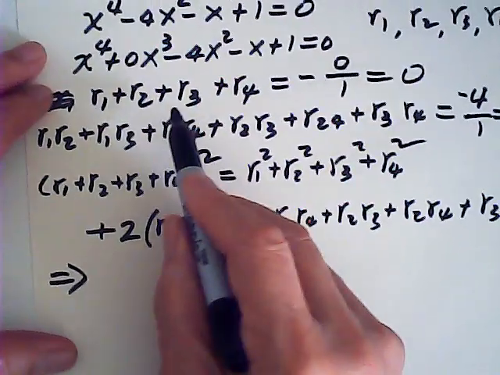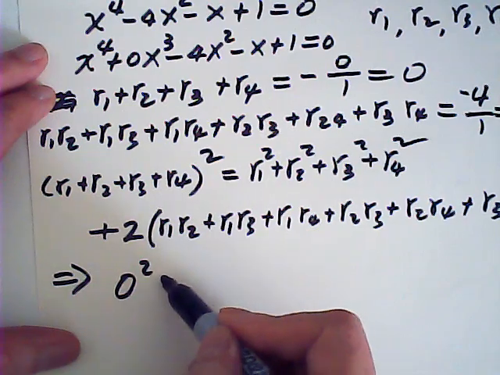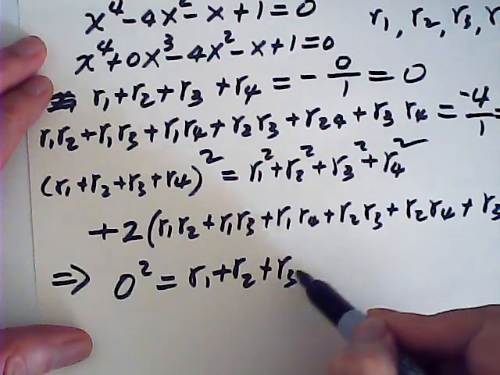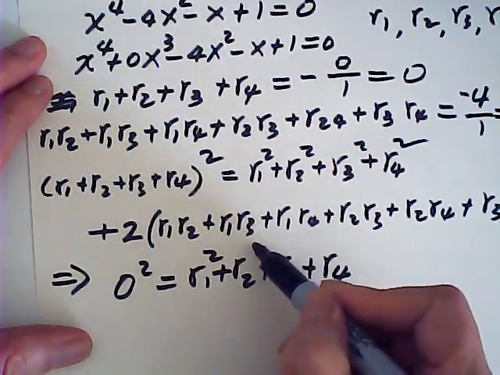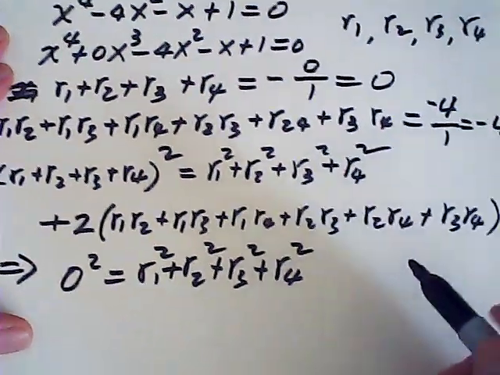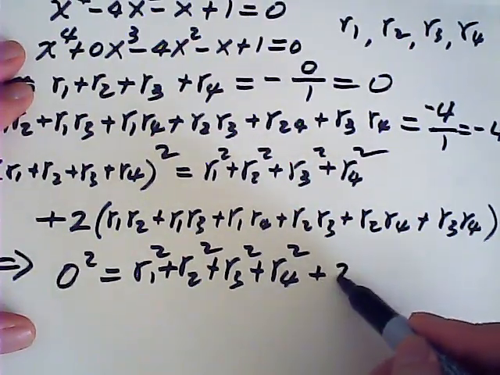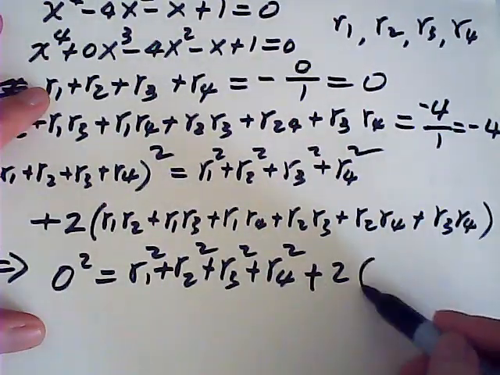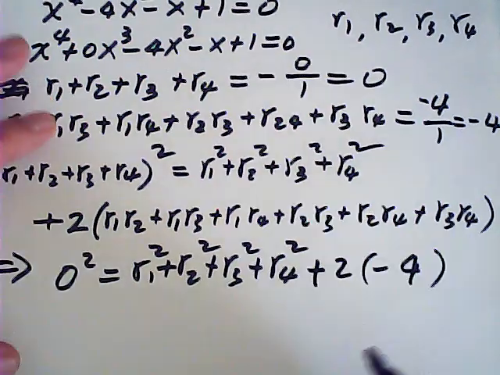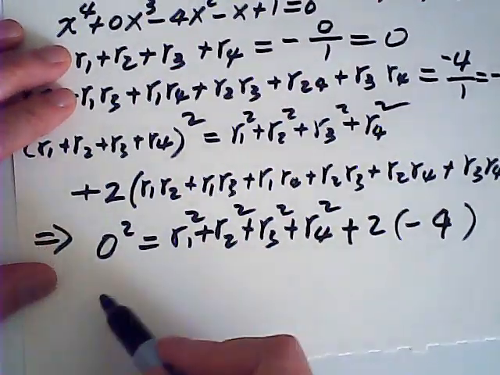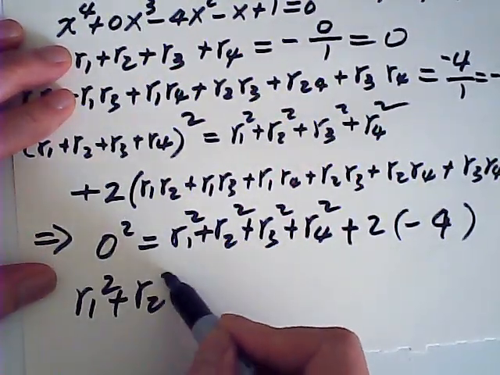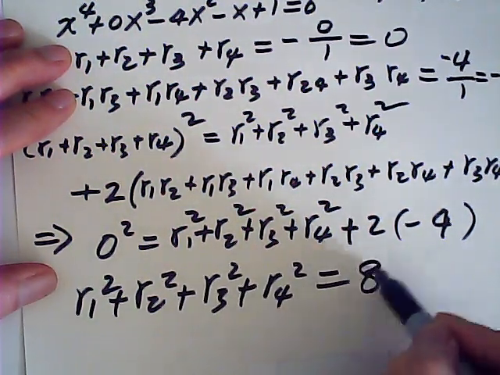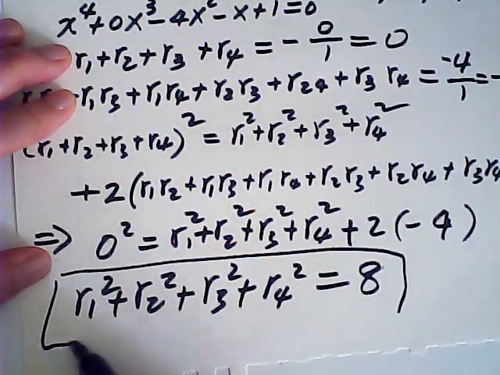We have analyzed this: 0 squared is equal to R1 squared plus R2 squared plus R3 squared plus R4 squared, plus 2 times this, which is negative 4. Therefore, R1 squared plus R2 squared plus R3 squared plus R4 squared is equal to 8. That is what we're looking for.